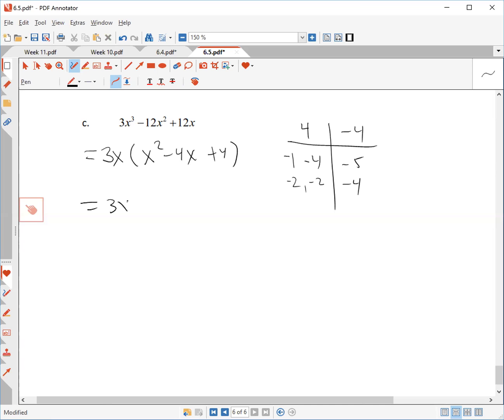So that is 3x times x minus 2 times x minus 2. That's a perfect square trinomial. And so we write it as a perfect square, x minus 2 squared.